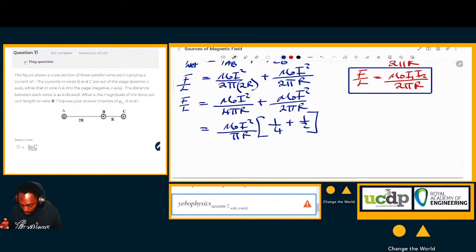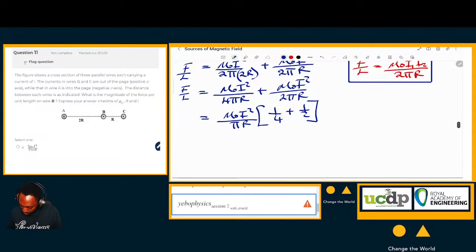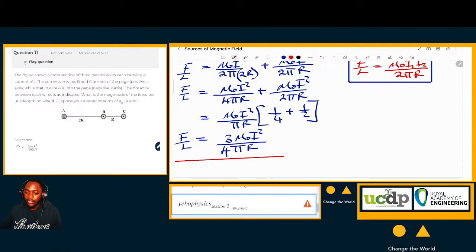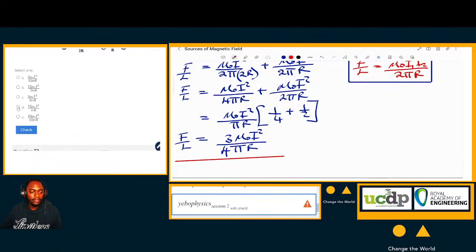A quarter plus a half gives you 3/4. So that's your force per unit length, 3 over 4 mu naught I squared over pi r. Okay, so that's how you go about such a question.